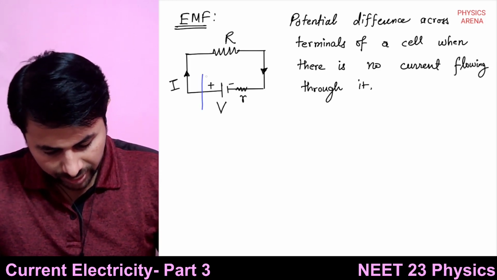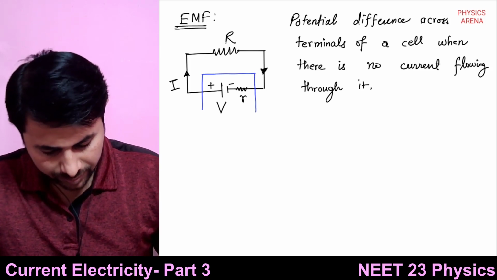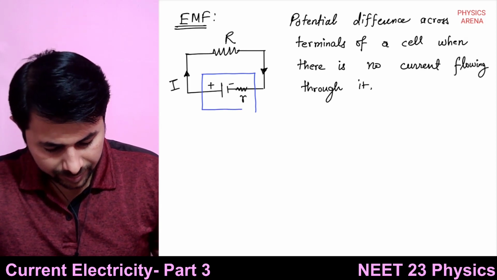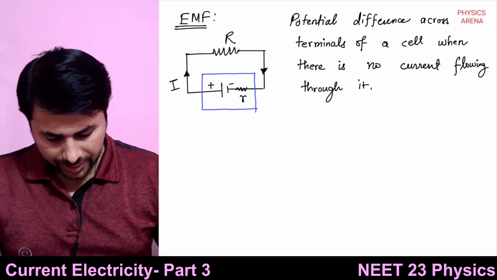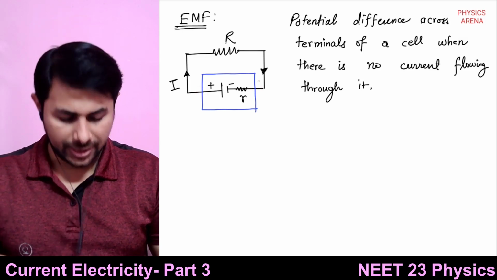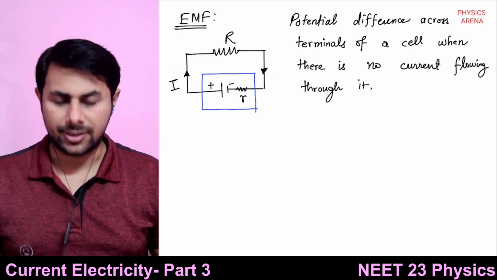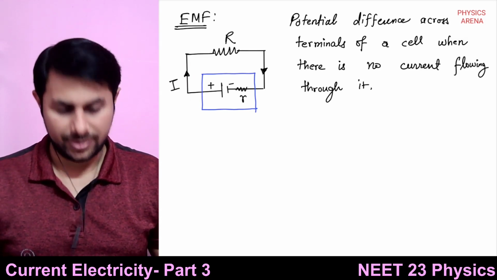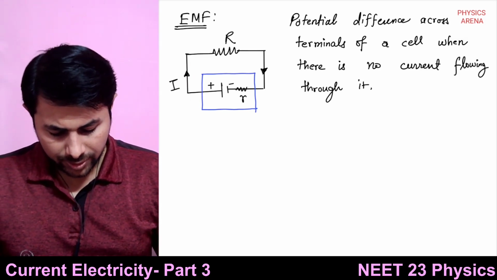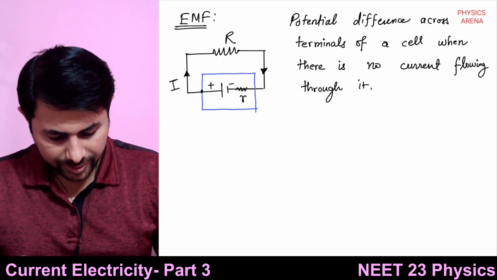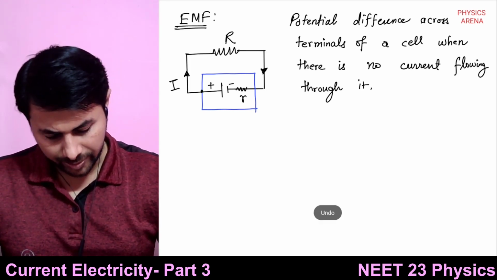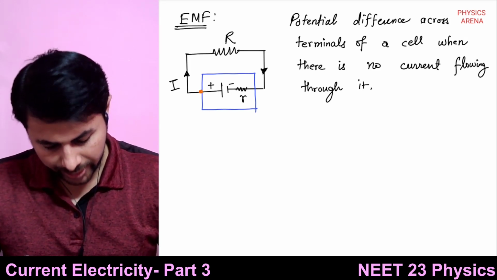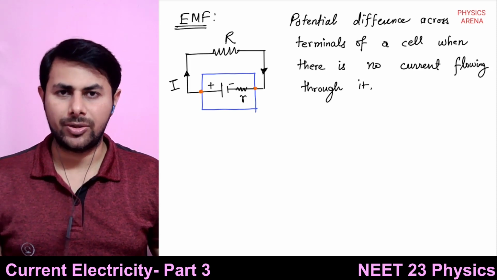Now this is our battery, and these are the two ends of the battery which are connected to this external resistor. So the current flowing through the external resistor is I. Now the potential difference that we get between these 2 points is V. V is equal to what?